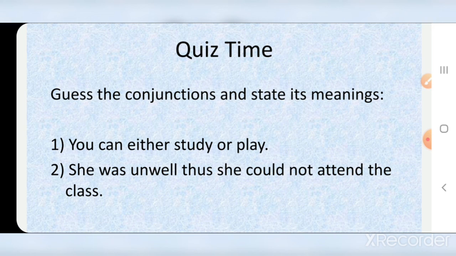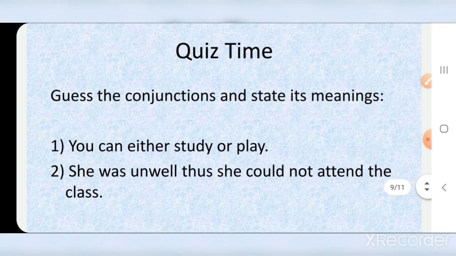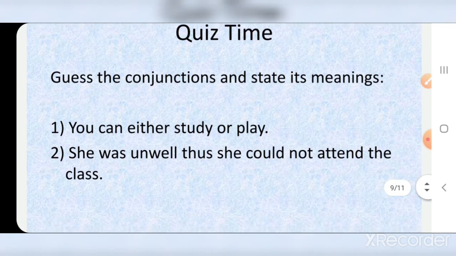Okay, here I have used whether or. Now you have to stop the video, read it, and tell the answers. You can either study or play. She was unwell, thus, she could not attend the class.